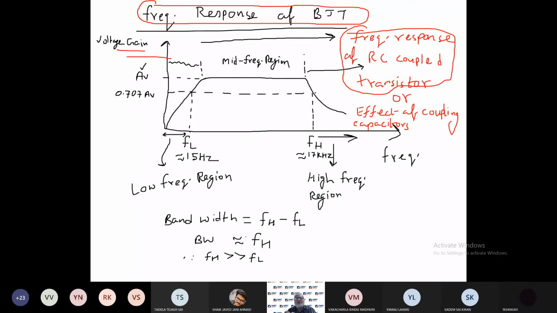So question can be asked in this way and you have to write the theoretical answer for this, right?